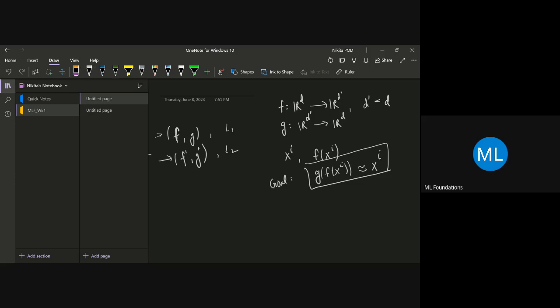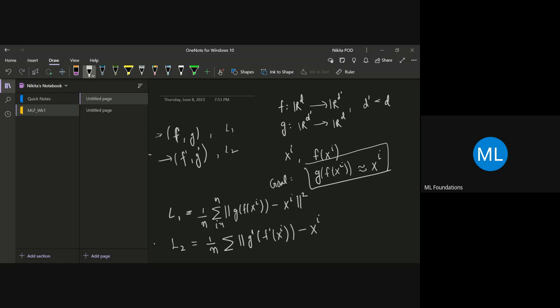L1 is 1 by n, sum over i from 1 to n of the norm square of g of f of xi minus xi. And you also find L2, which is 1 by n, sum of the norm square of g dash of f dash of xi minus xi.